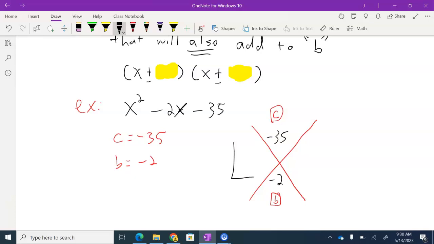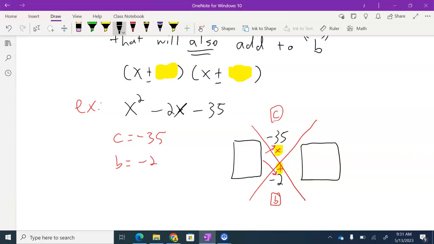And so you're trying to find two numbers here that are going to multiply to make negative 35, and they're going to add to make negative 2. So they have to multiply to the C value, and it has to add to the negative 2. So what makes 35? You have to know your multiplication tables for this one.